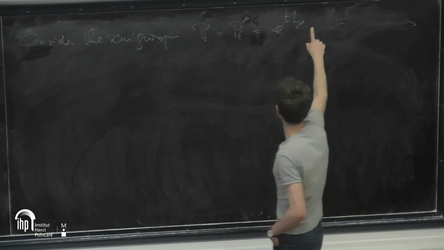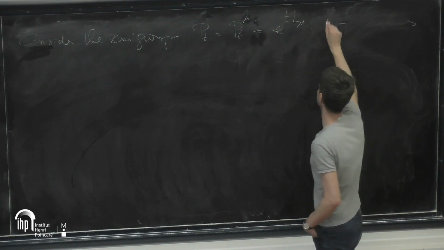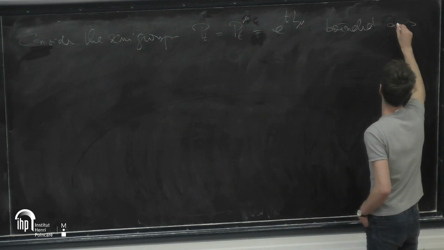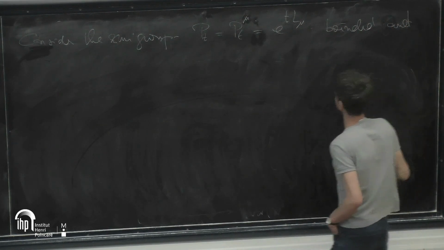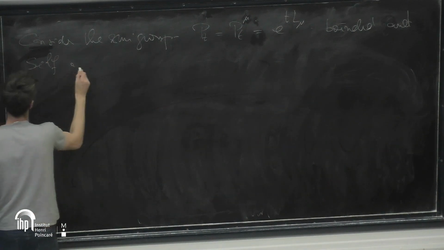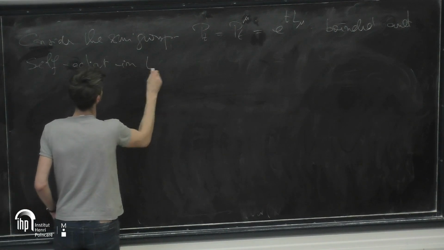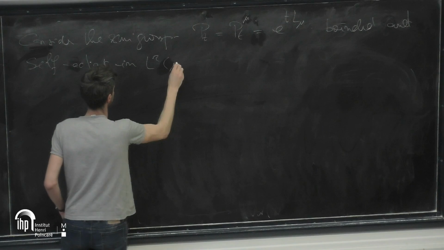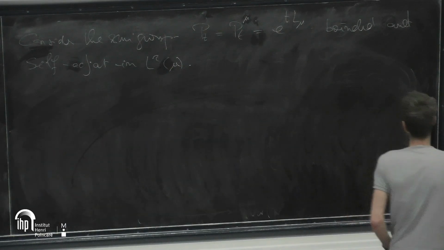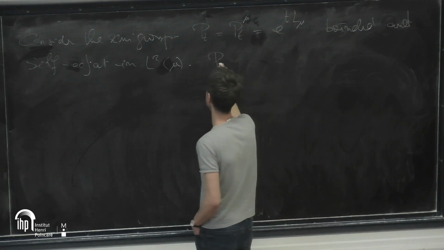Since L is negative, this is a bounded, self-adjoint operator on L2 of mu. And what I want to stress now is that there is a probabilistic interpretation.